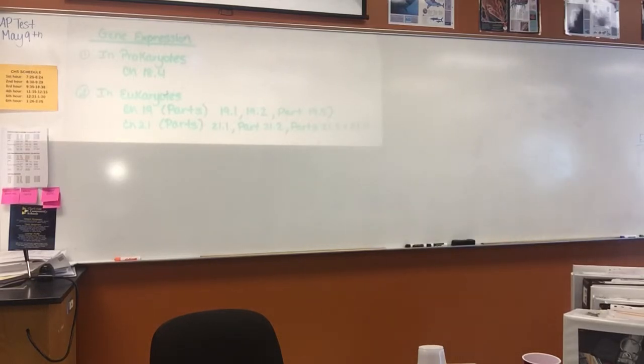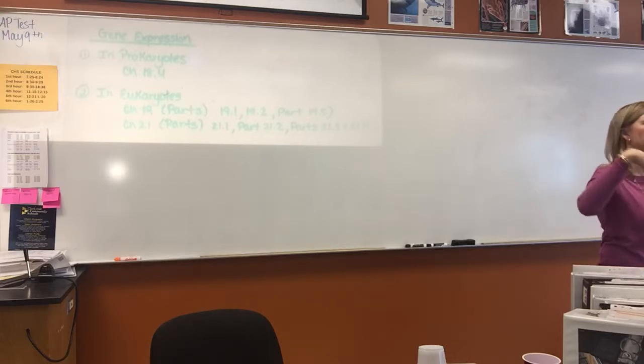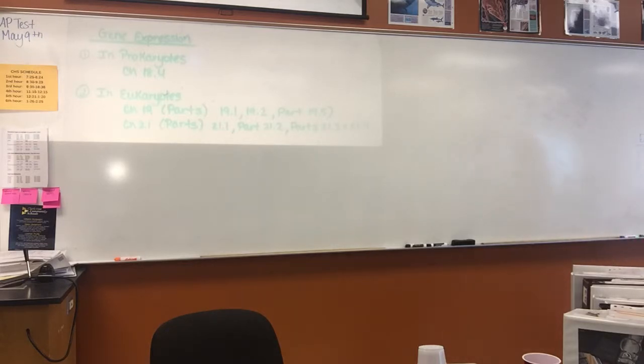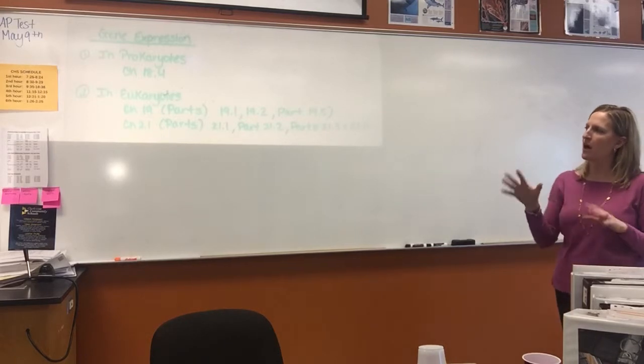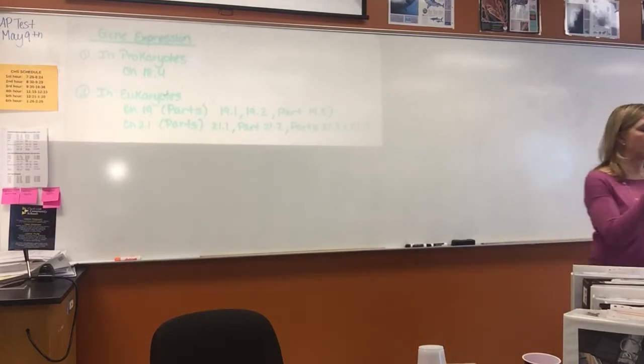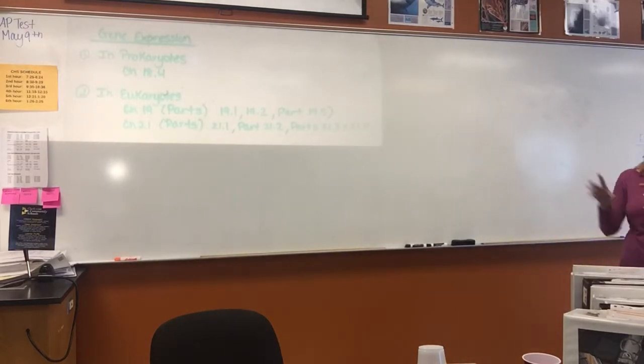So what we're going to do next is kind of end the whole topic of DNA and genetics. We're going to take everything that we've learned about DNA, genetics, and gene expression, and apply it to how we as humans manipulate that.